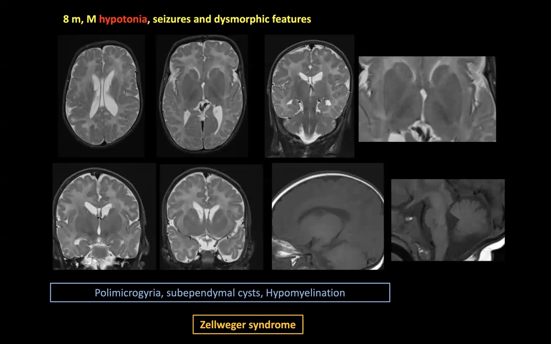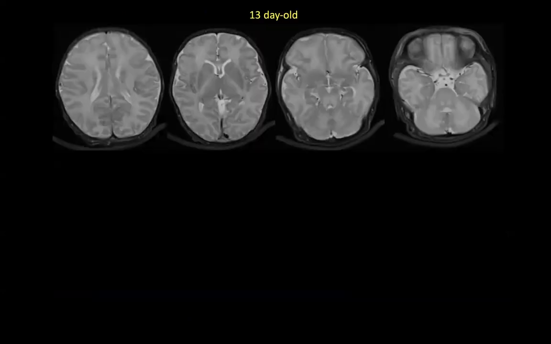There are other diseases, like for instance PDH, that can present with subependymal cysts, but otherwise, outside any striking clinical and radiological context, you can consider them incidental. But keep in mind that subependymal cysts sometimes are a clue for you to look at other subtle findings like hypomyelination and polymicrogyria in the context of Zellweger.